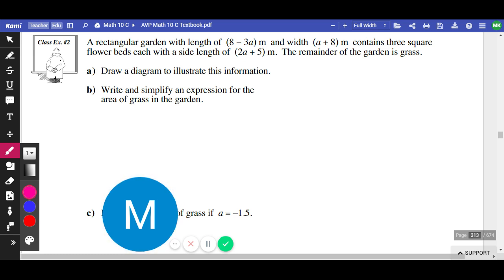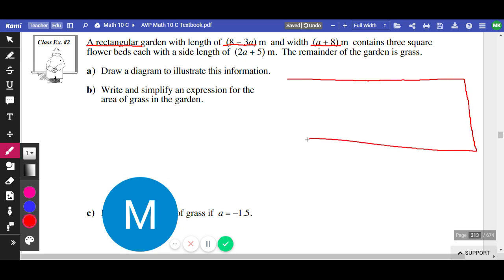Okay, let's start off. A rectangular garden with length of 8 minus 3a and width of a plus 8. So let's draw that. We have a rectangular garden. Whoa, not very rectangular. We'll say length of 8 minus 3a.